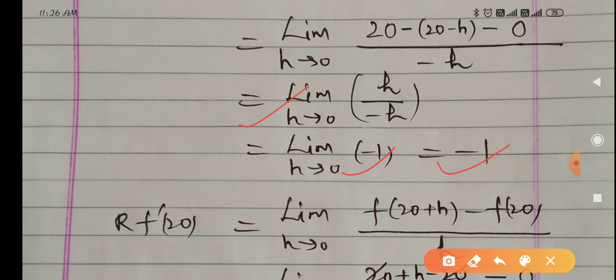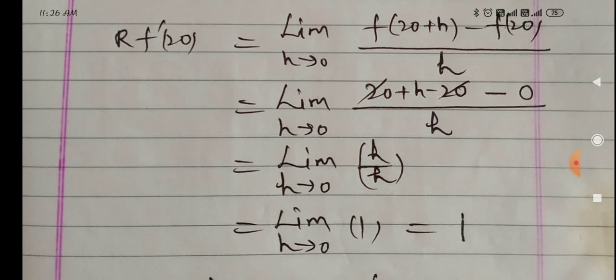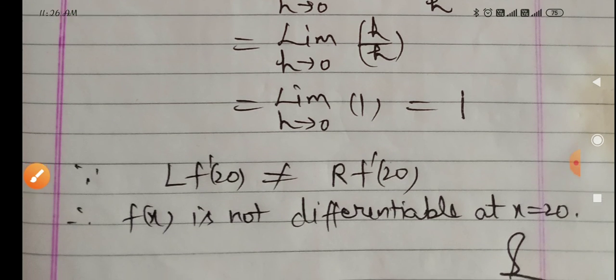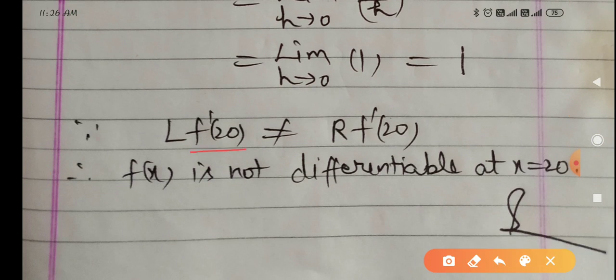So the left hand derivative is coming minus 1. Now you calculate RSD, limit h tends to 0, f(20 plus h) minus f(20) upon h. In the function, when you put 20 plus h minus 20 minus 0 upon h, h upon h, it is coming 1. RSD is coming 1, LSD is coming minus 1. Both are not equal. So f(x) is not differentiable at x equals 20.